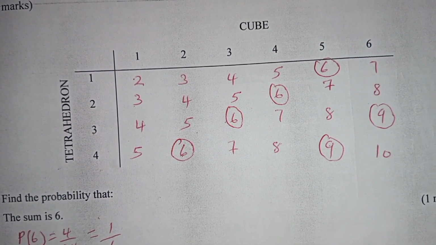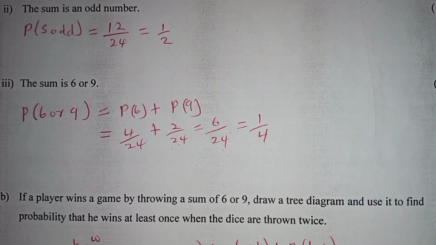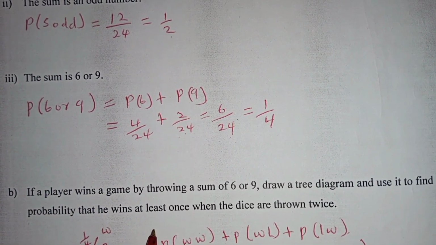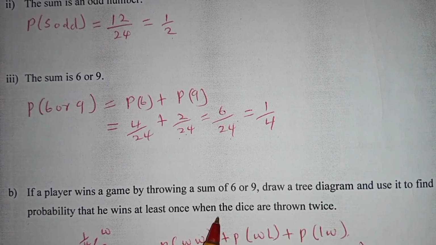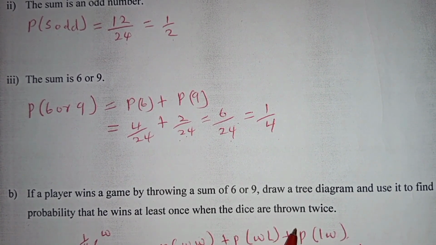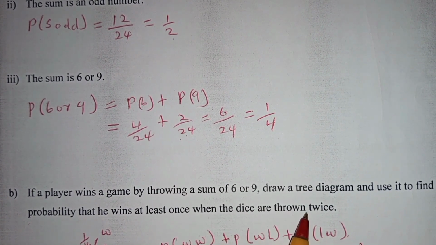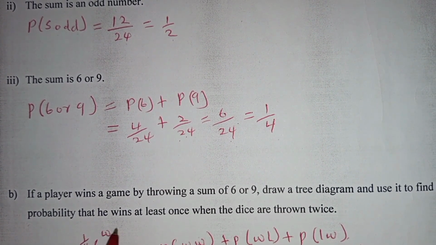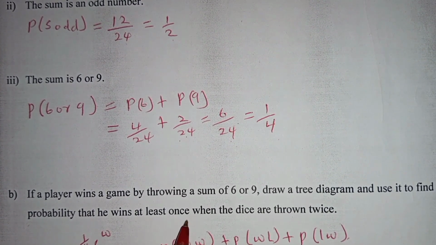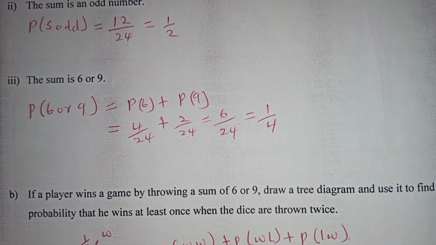Finally, you are told that if a player wins a game by drawing a sum of 6 or 9, you are to draw a tree diagram and use it to find the probability that he wins at least once when the dice are drawn twice.